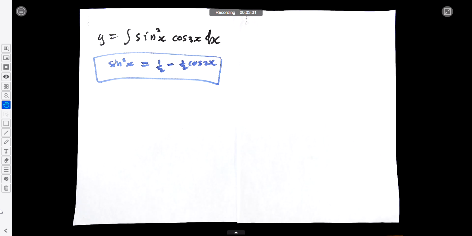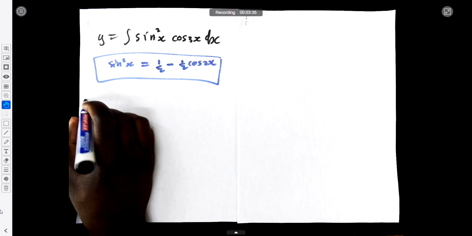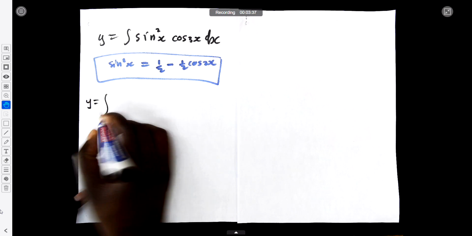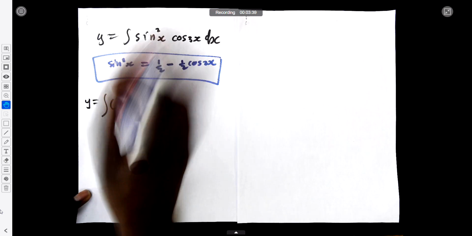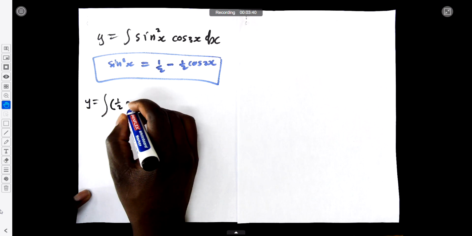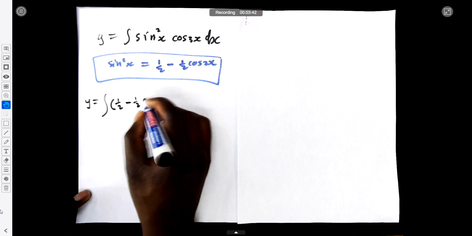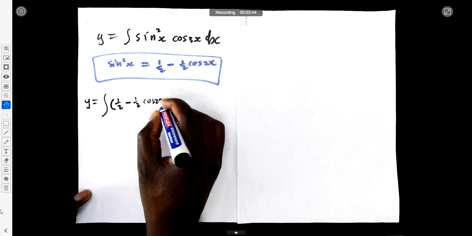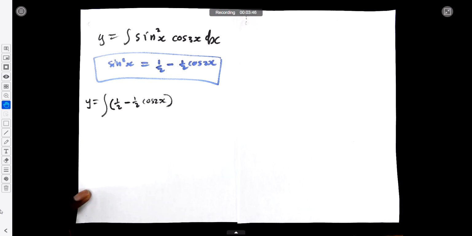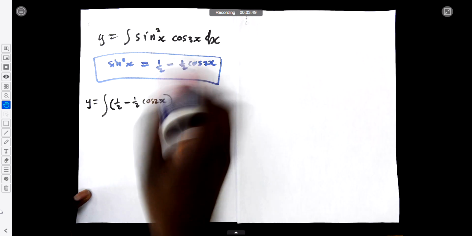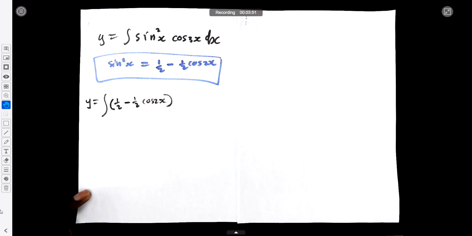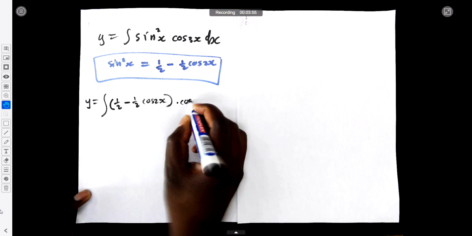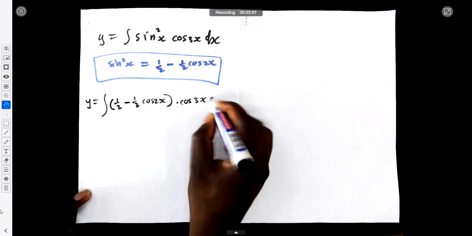So let us utilize that identity in the integral of that function. We know that sine squared can be half minus 1 over 2 cos 2x in brackets. I hope you see I have substituted sine squared, which is equal to half minus half cos 2x. It is still multiplied by cos 3x dx.